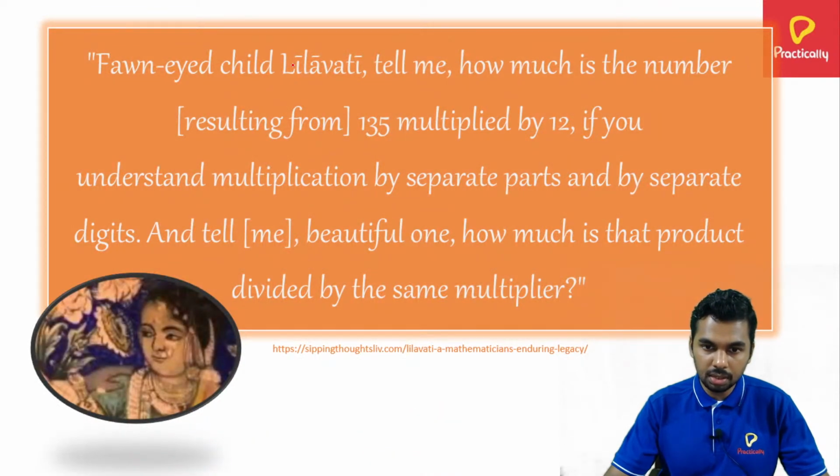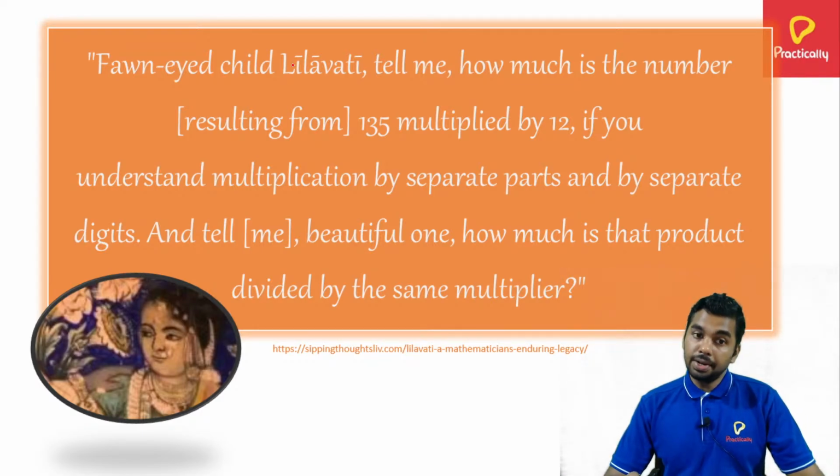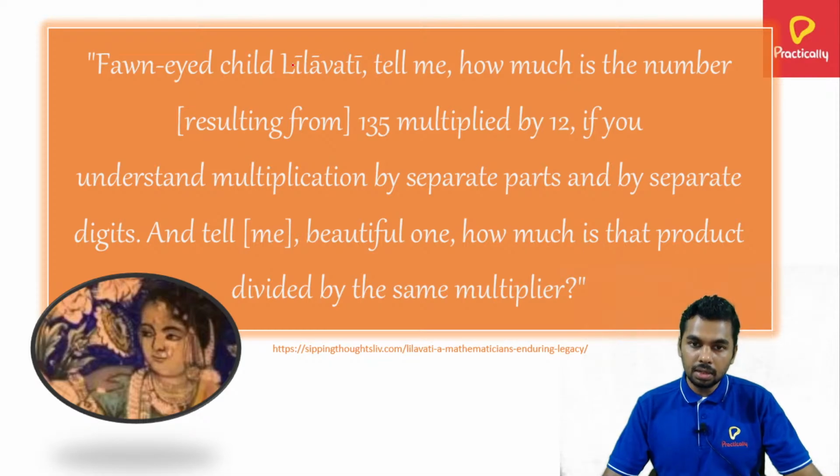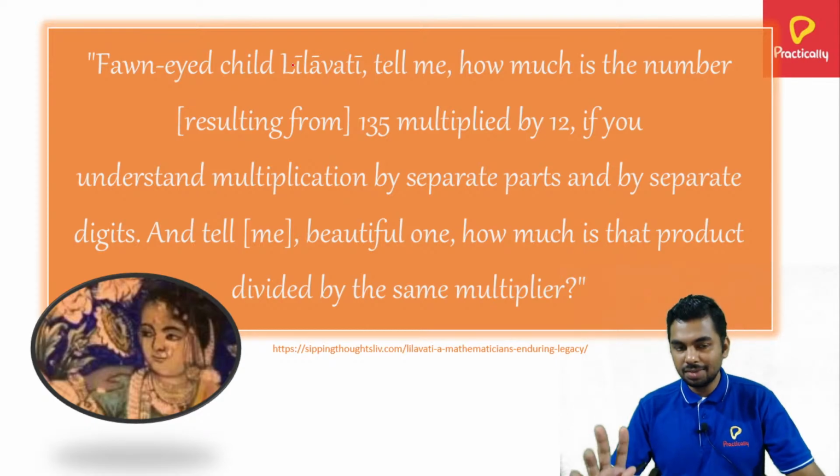All right. So I imagine that Manvita has understood it. I am going to the question here. So I'll read the question. Fawn-eyed little Leelavati, tell me how much is the number 135 multiplied by 12, if you understand multiplication by separate parts and by separate digits. So this is the first question.